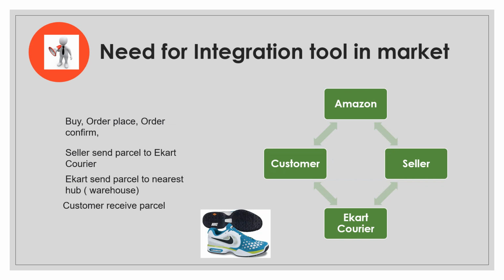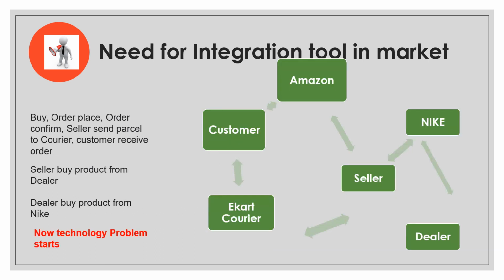Our order goes to Amazon. Amazon sends that data to the seller. The seller sends that data to the courier partner, who comes into the picture to take the parcel from the seller and deliver it to the doorstep. Then, the product is not made by the seller. There is some product company who actually creates those products. So here we see Nike, a manufacturer of shoes.